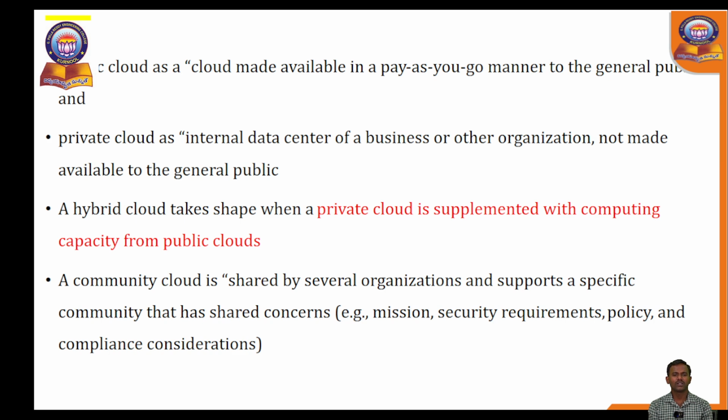Hybrid cloud is a supplementary: a private cloud supplemented with computing capacity from the public cloud. Coming to the last one, community cloud. This community cloud is shared by several organizations, and it supports a specific community that has shared concerns, for example mission, security requirements, policy and compliance considerations. So this is the summary, or the brief information, about the public, private, hybrid as well as community cloud.